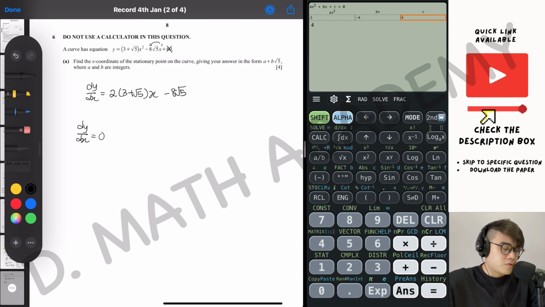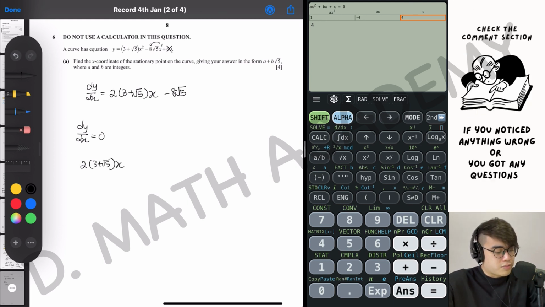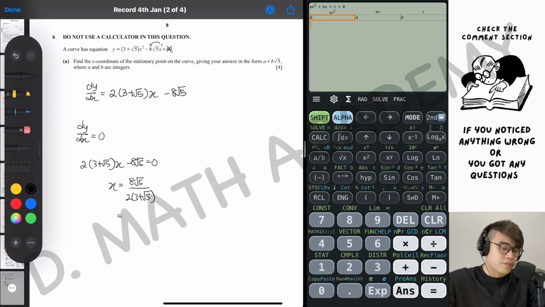So you will have 2 bracket 3 plus square root 5 here, and then minus 8 square root 5 equals to 0. X will be 8 square root 5 divided by 2, 3 plus square root 5. Let's key in our calculator and see whether it can do the job for us.